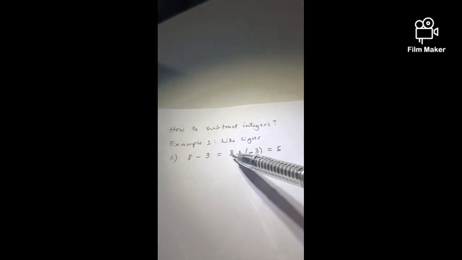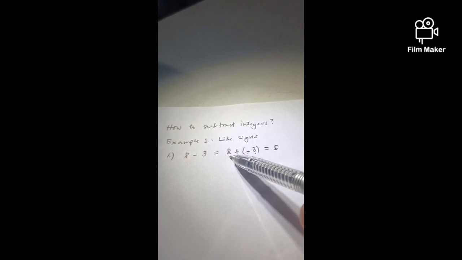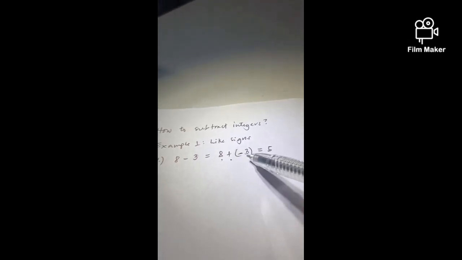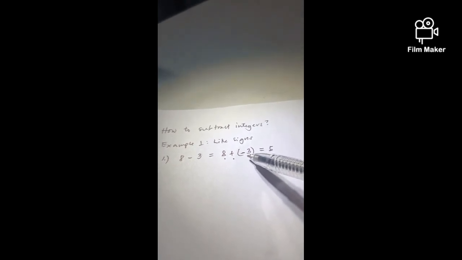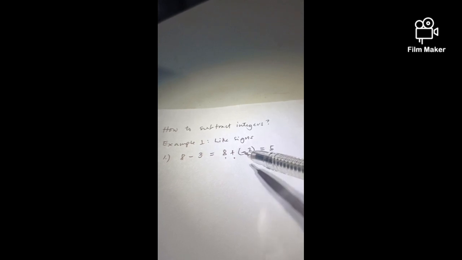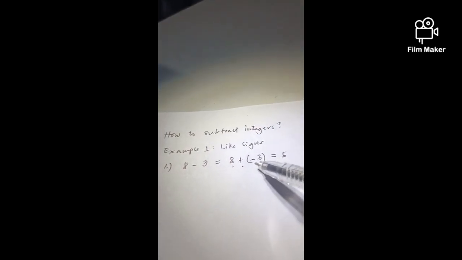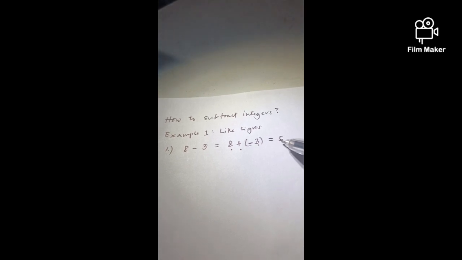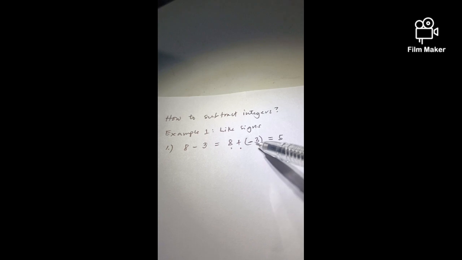So we ignore the sign first. So we have positive 8 will become 8 as we talk about its absolute value. Negative 3 is 3, simply 3 as absolute value. So in our mind, we get the difference of 8 and 3, and that is 5. So our next problem now is, what should be the sign of 5 since we have positive 8 and negative 3.